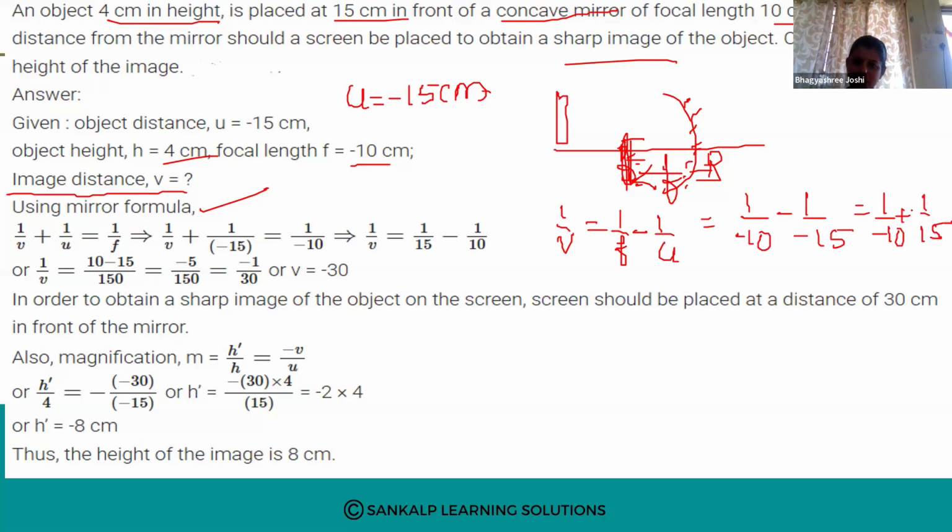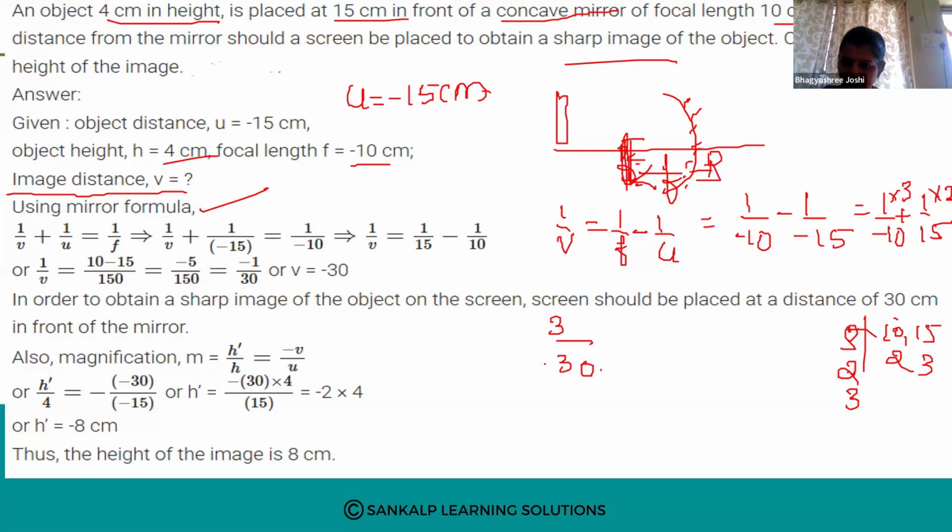So 10 and 15, LCM is 30, right? So 5 2s are 10, 5 3s are 15. Then 2 and 3. 5 2s are 10, 10 3s are 30. Therefore LCM is 30. Then here it is 3 into 1 and 2 into 1.